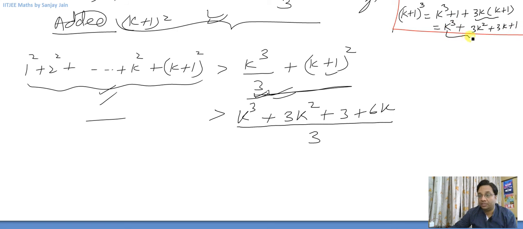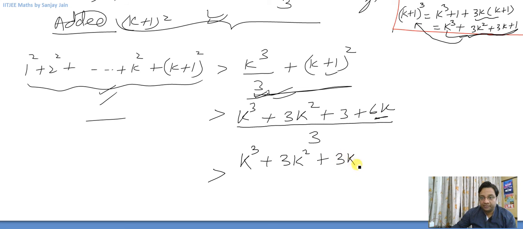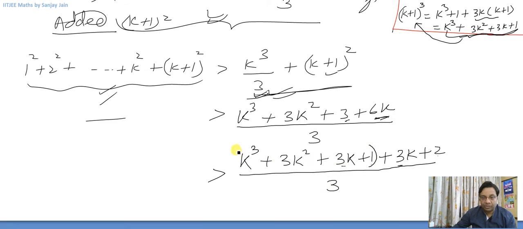If you know this, then you will be able to identify that I can separate this term k cubed plus 3k square plus, out of this 6k I am writing 3k here, and out of this 3 I am writing 1 here, and the rest I'll write here, 3k plus 2. Now 3k plus 3k will give me 6k, and 1 plus 2 will give me 3. Now if you see, this portion is k plus 1 cubed.